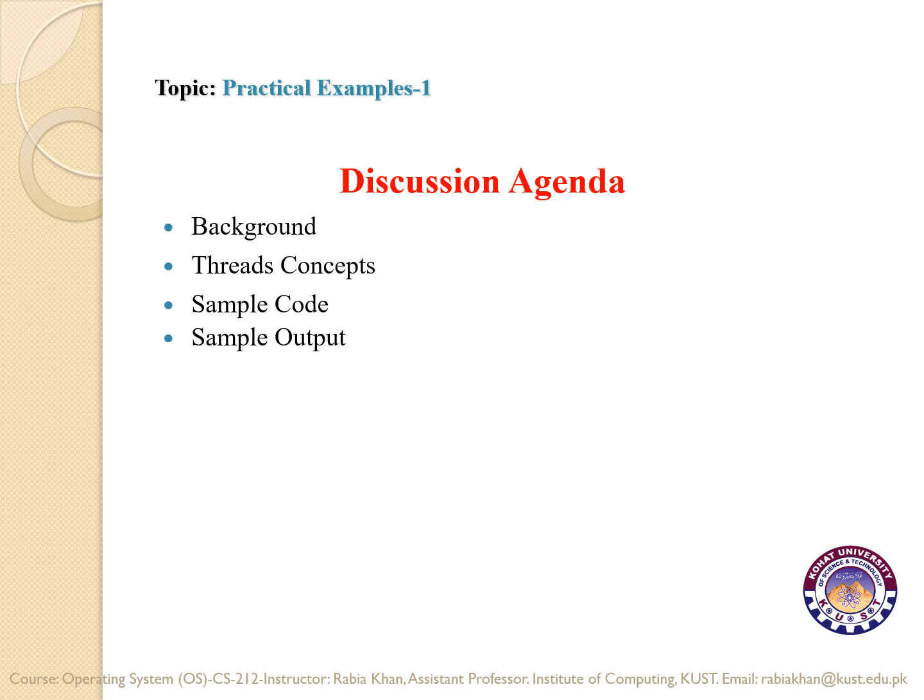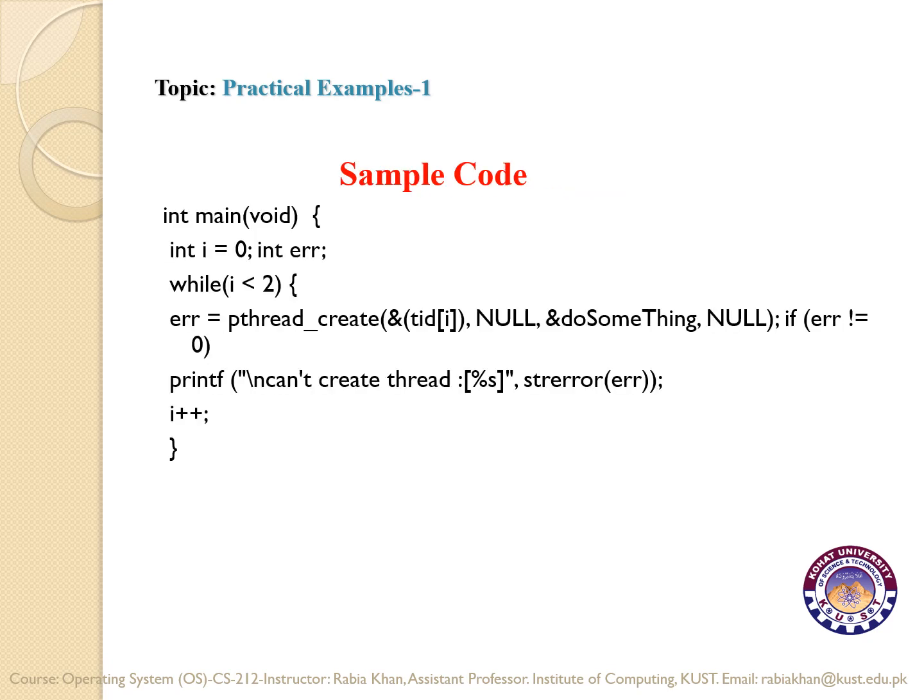Next topic that we are going to discuss is an example, a code snippet on how to create threads practically. This is the snippet of a code. The complete code is attached as a Word document and you can get it from KCMS.